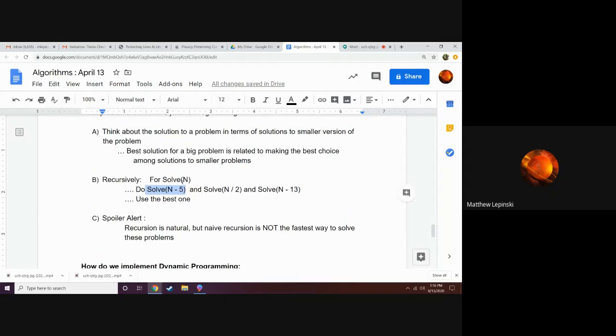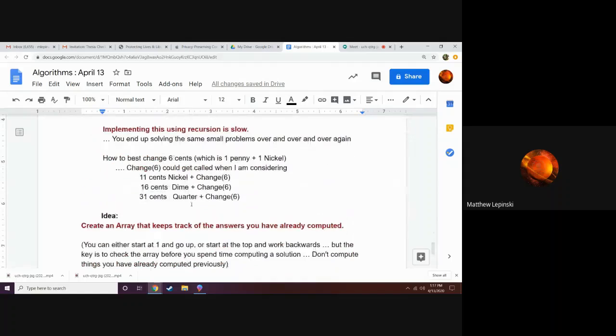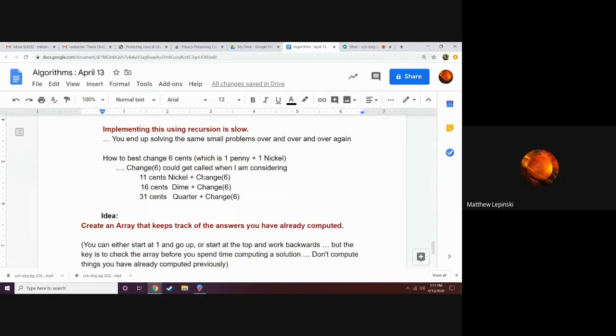So dynamic programming works for optimization problems that have a natural recursive form, but you want to implement this in a way so that you don't end up solving the same problem over and over again.